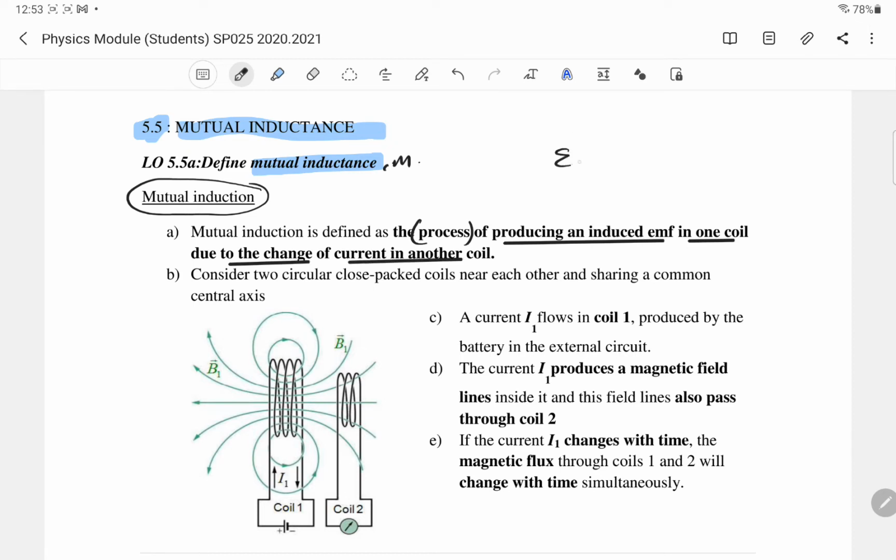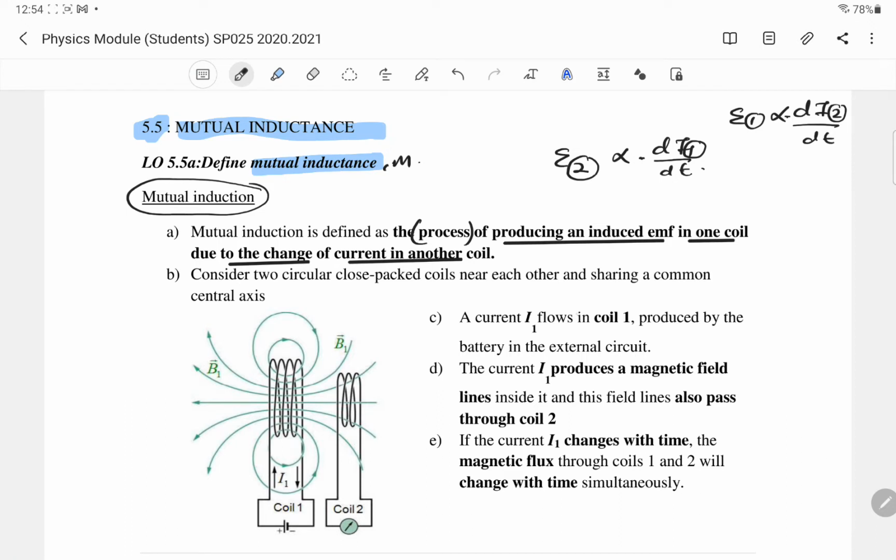So maksudnya E2 is directly proportional to the rate of change of current in coil number 1. Ingat itu. Kalau E1 directly proportional to the rate of change of current in coil number 2.